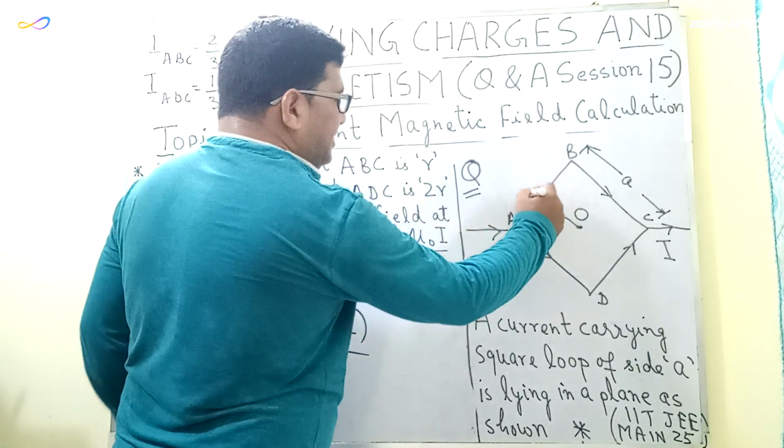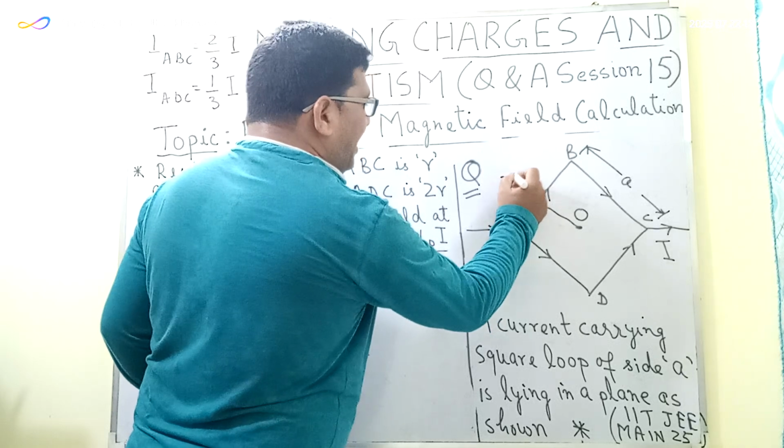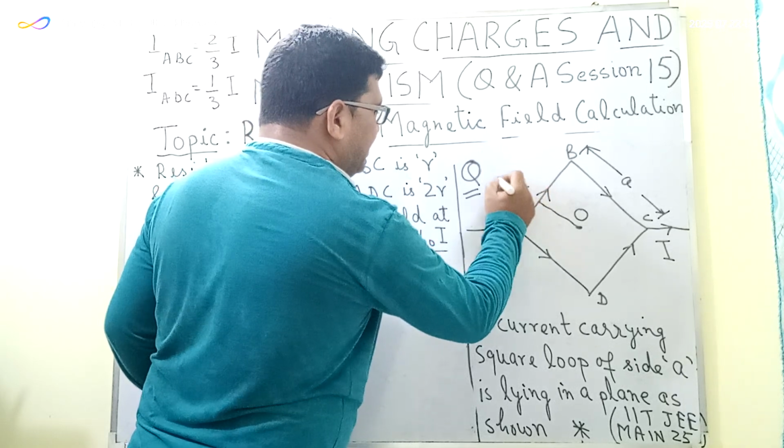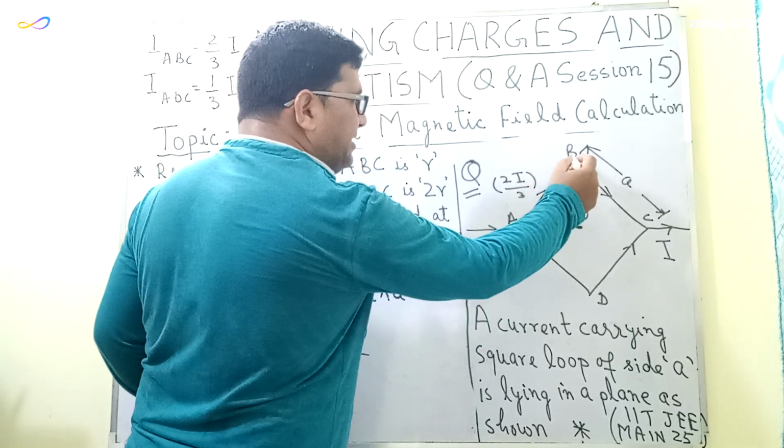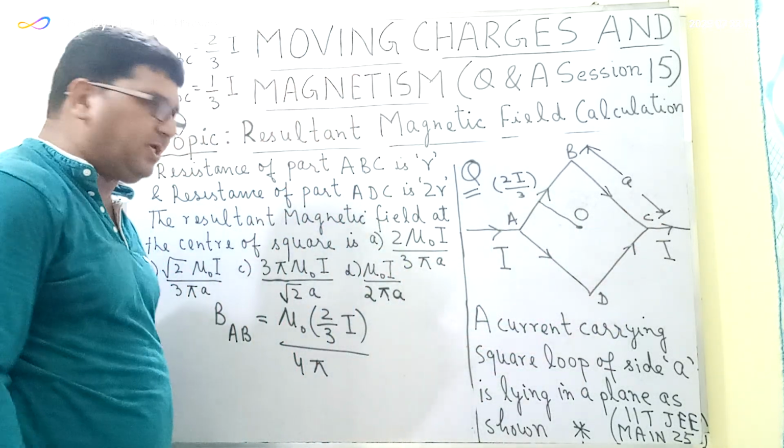So here the current in this conductor is equal to 2I upon 3, that is in the part AB, and similarly the current in the part BC will also be equal to 2I upon 3.